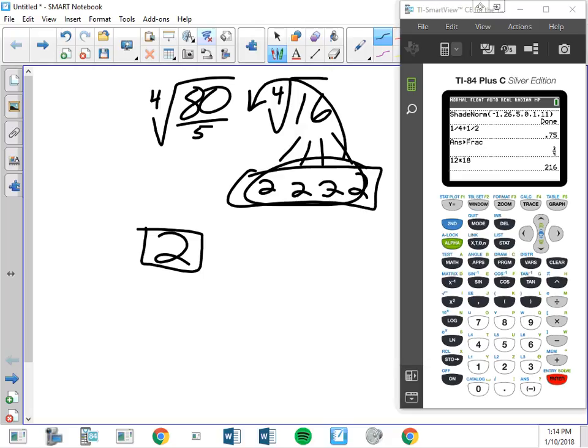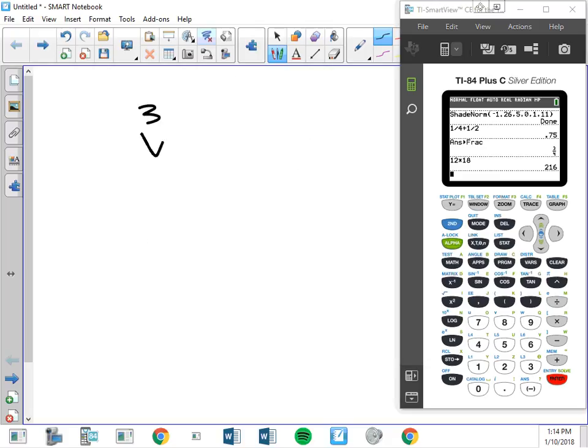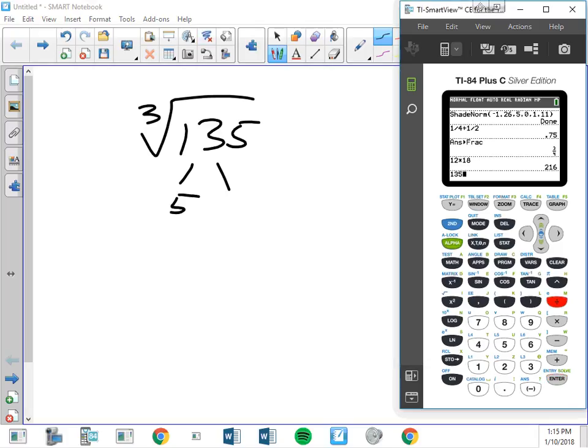Okay. What about this? The third root of 135. What do we know goes into 135? 5, and I don't even know what that is. 27. What is 27 made up of? 3 3 3.